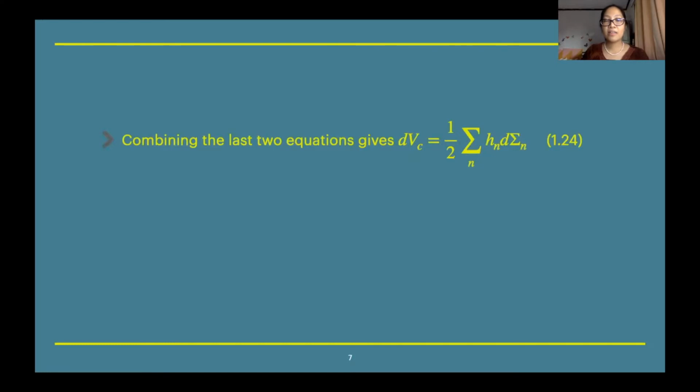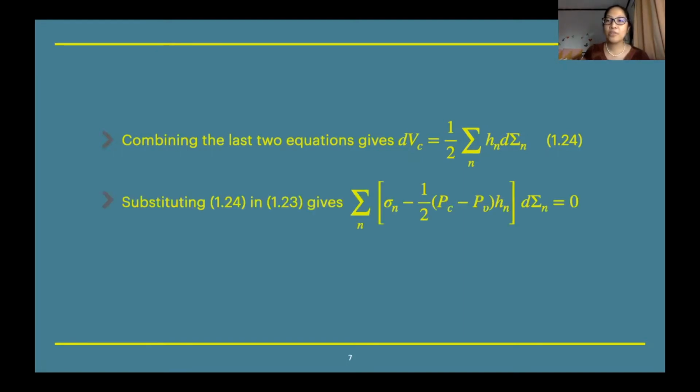So by combining the equations shown previously, we have equation 1.24. We substitute this equation 1.24 in equation 1.23 so that we have the sum over n of the bracketed term times the derivative of the area, d sigma sub n.